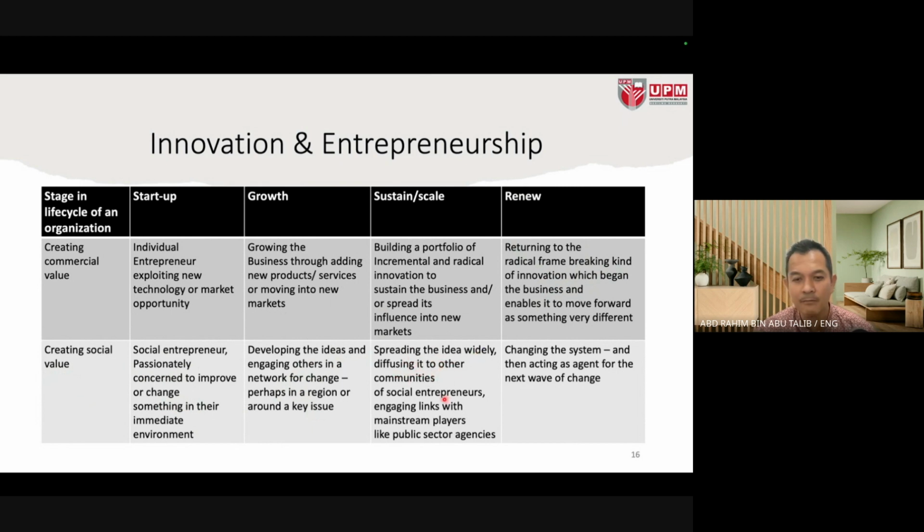More people get involved, more people come in to contribute, okay, and then of course renew, changing the system, and then acting as an agent for the next wave of change.